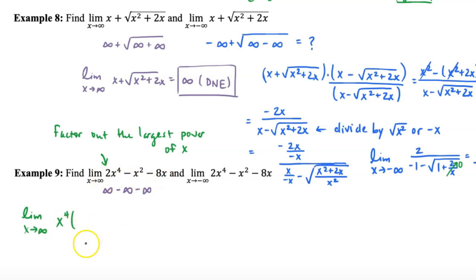So when I factor out an x to the power of 4 from 2x to the power of 4, I'm just left with 2. When I factor x to the power of 4 out of negative x squared, x squared divided by x to the power of 4 is 1 over x squared. And finally, negative 8x divided by x to the power of 4 is negative 8 over x cubed.